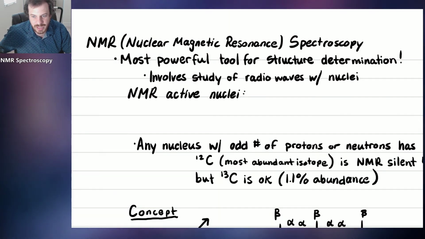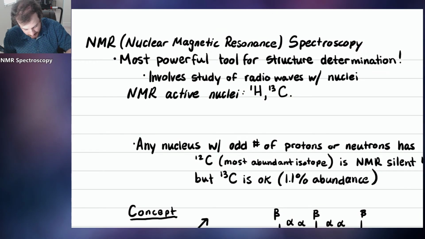The active nuclei for NMR include, not everything, only some things we can see with NMR. And I'll go ahead and write this out here. We can see hydrogen. We can see carbon, but only carbon-13, which is an isotope of carbon. We can see nitrogen, but only nitrogen-15.